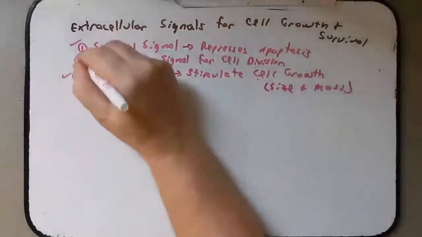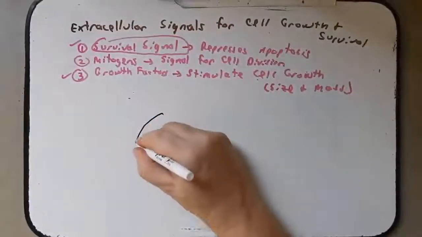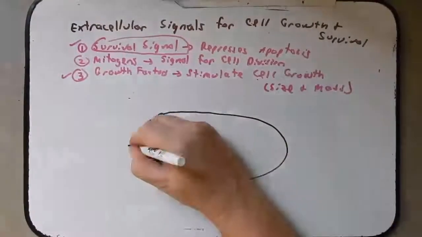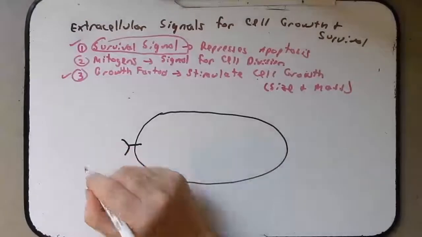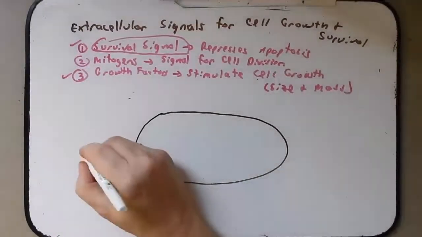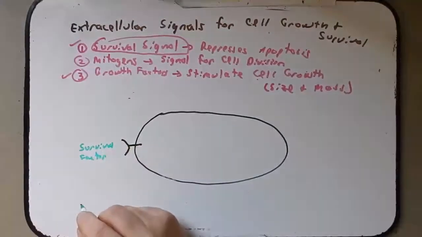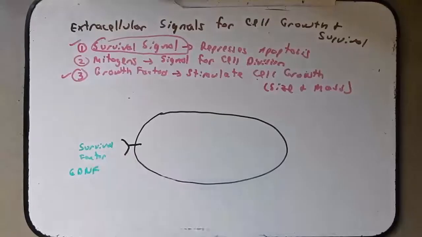But let's first start talking about survival signals. So here's our cell here, and if this cell is signaled to survive, it's going to bind to its outer surface here a survival factor. An example of a survival factor is GDNF. GDNF stands for glial-derived neurotrophic factor, but you just need to know GDNF.